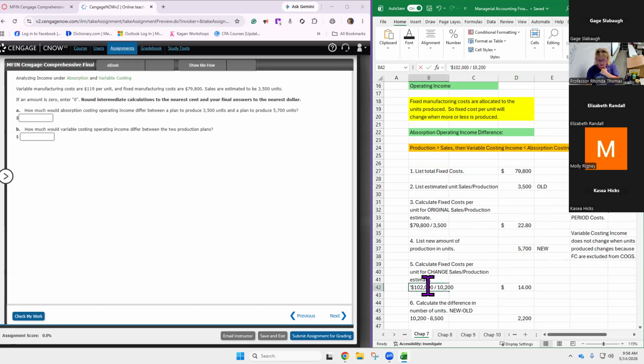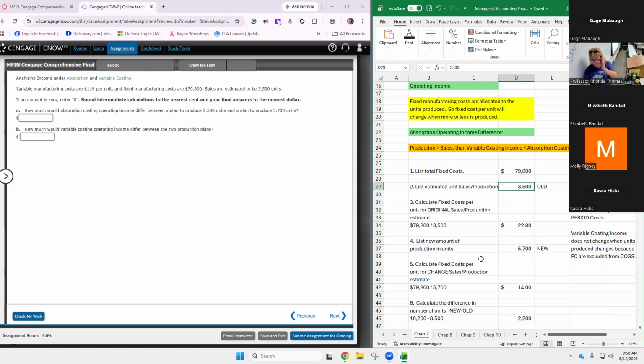All right. So therefore, my problem is going to show 79,800 divided by 5,700, because when these fixed costs got started, they started with this many, but now we're going to see.